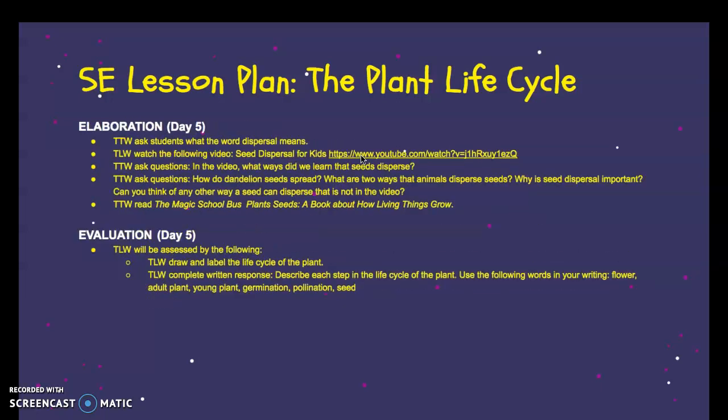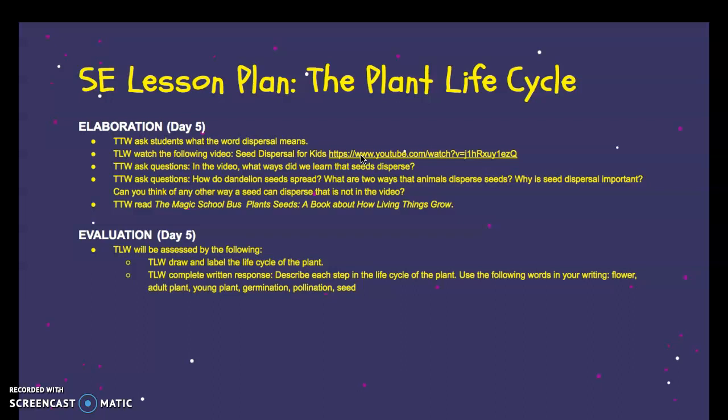So the explanation again is 2 to 4 days. Day 2 to 4. Elaboration and evaluation will be on day 5. They will talk about dispersal and watch a quick video on how seeds are dispersed.